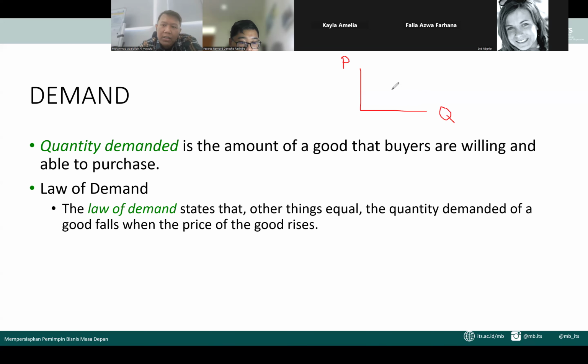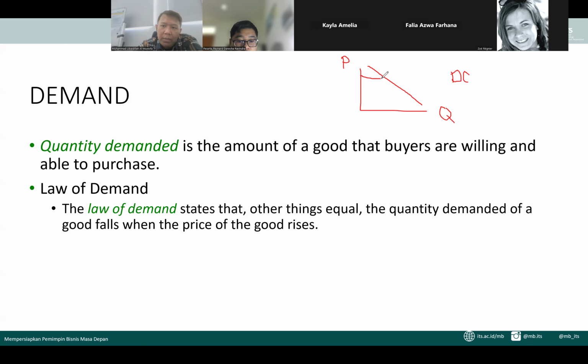The law states that ceteris paribus, everything being equal, the quantity demanded of a good falls when the price of the good rises. So it should look like a decreasing curve. This is a demand curve, DC.